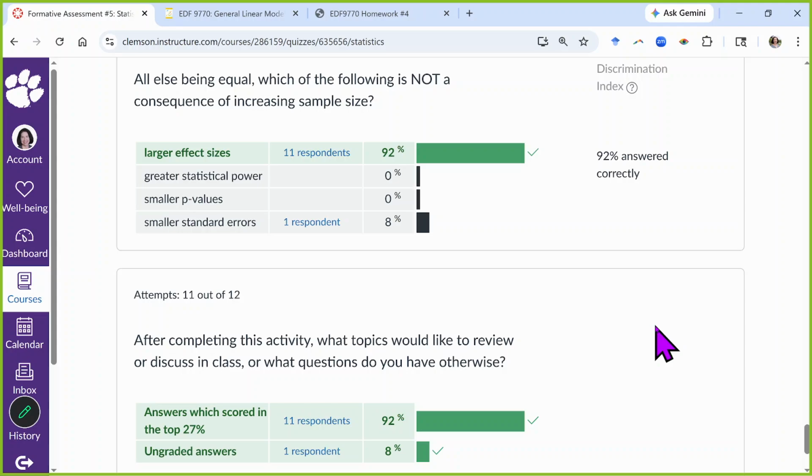Yep, power is the probability of finding an effect of that size if it's really there, and being able to reject the null for that specific effect size. So yeah, in the standard error formulas, n is in the denominator. So that means that the more people you get, the smaller the standard error.